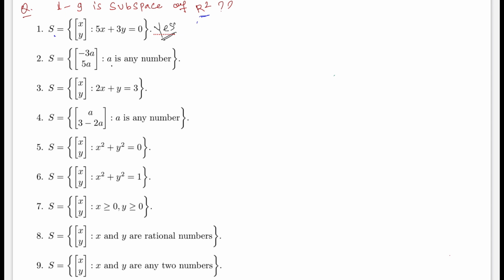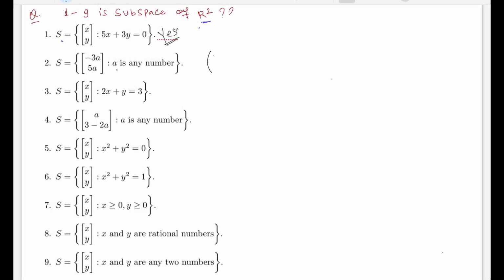Second condition: if I take any two vectors from this particular set, how can I take them? Let's say -3 times some c1, because if you look at the vectors in this set, in all these vectors the first component is getting multiplied by -3 and the second component is getting multiplied by 5, right?